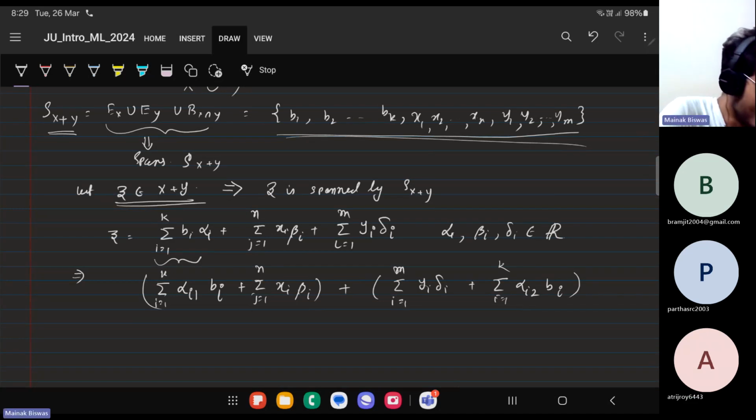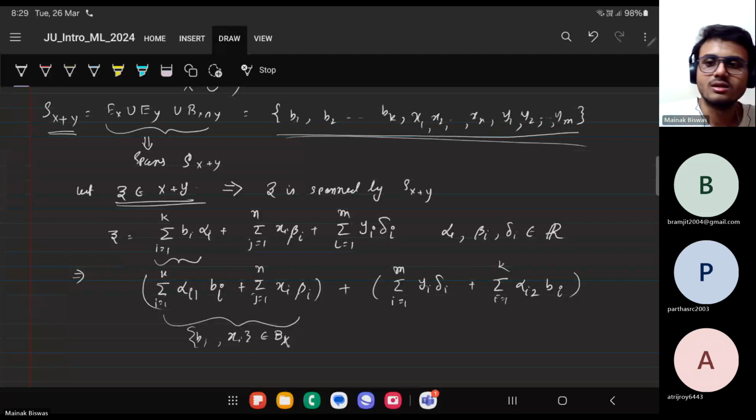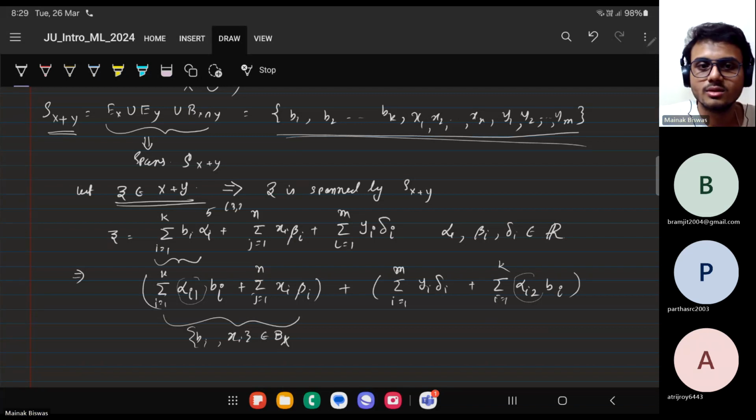Very good. So do you agree these bi's, xi's belong to bx, the basis of x? Is it clear that I can write this in two alphas, right? Say for a particular case alpha is 5. I can always break it into 3 comma 2. Yes or no? Or 7 comma minus 5. Agreed? Yes.